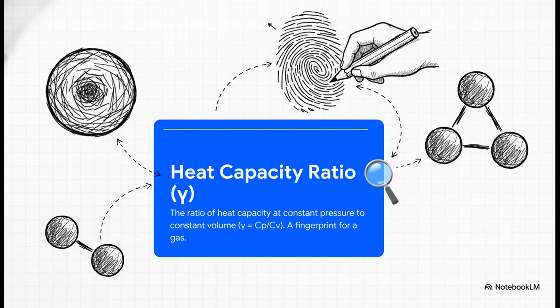It's simply CP divided by CV. That's it. But because both CP and CV are directly tied to those degrees of freedom, this single number acts like a powerful fingerprint for a gas. If you tell me the gamma of some mystery gas, I can tell you if it's monatomic, diatomic, or something even more complex. It gives us a direct window into what the molecules actually look like and how they behave.